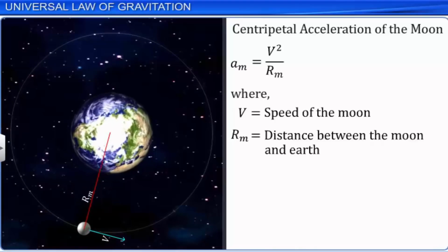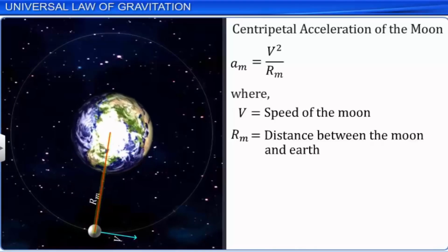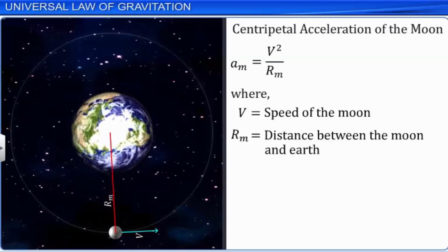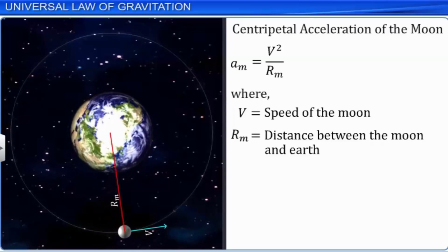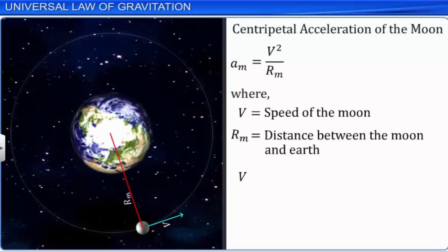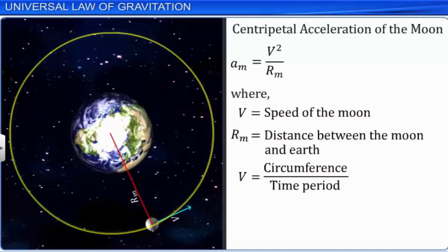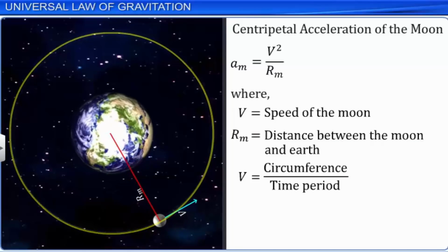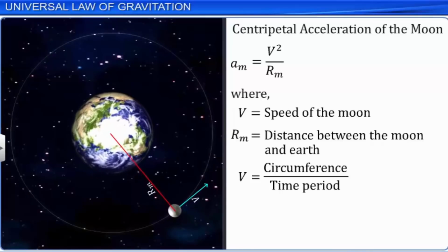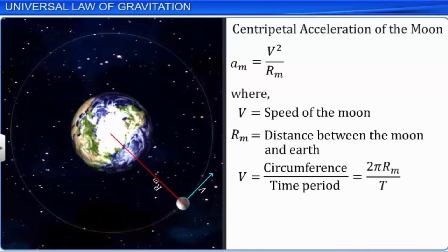Thus, the orbital velocity of the Moon is equal to the circumference of the orbit divided by its time period, which is equal to 2 pi r_m divided by T. The expression on simplification gives us a_m equals 4 pi squared r_m by T squared.